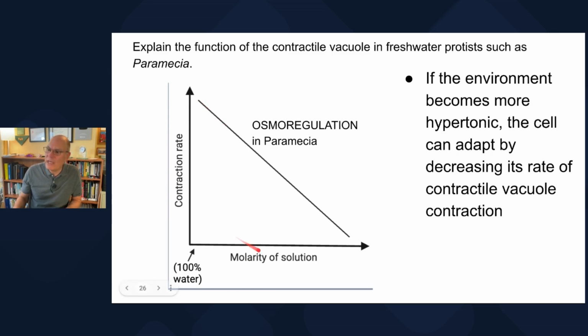As the molarity of the solution increases, the contractile vacuole will be able to contract at a slower and slower rate until at some point the paramecia will be isotonic to its environment, and then the contractile vacuole won't have to contract at all. Get a microscope, get some sugar, get some paramecia. You can test it out for yourself.